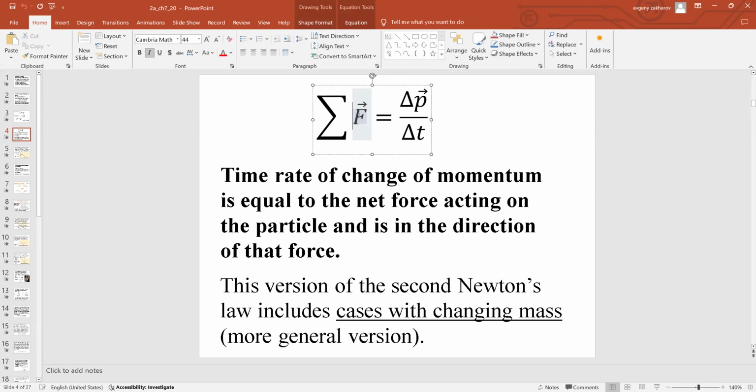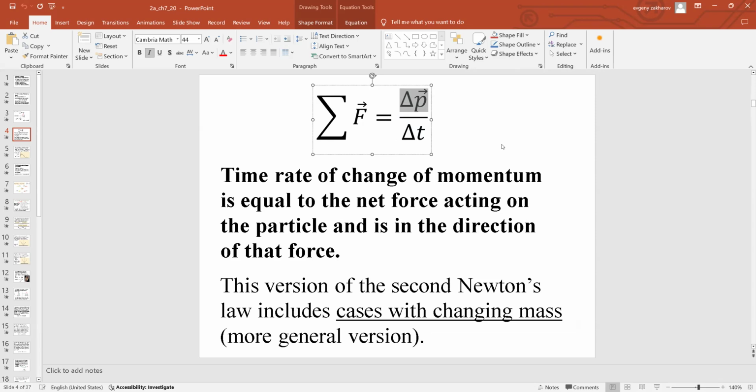So forces are the same. So the left side of the equation is the same. Time is the same for both. So change in momentum must be the same. And because momentum is a vector, one change is, say, in the positive direction, and the other change would be in the opposite, negative direction. And you add up the changes as vectors, you end up with zero change for the system.